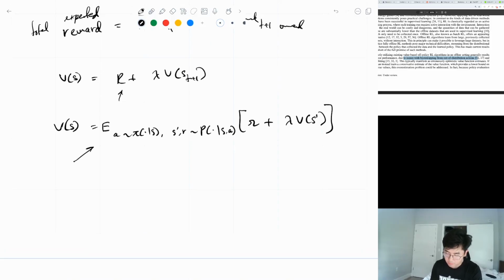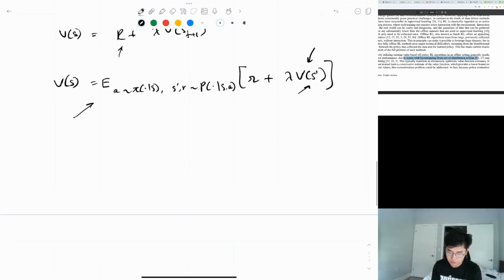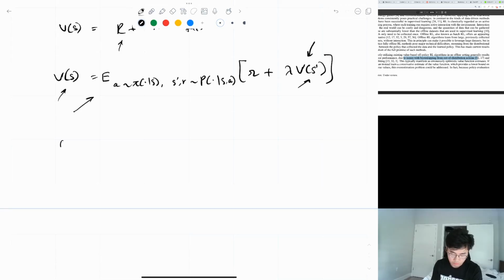In bootstrapping, we're directly going to use v of s prime, as opposed to expanding out this term and doing a Monte Carlo where you go through the full depth of the tree. Right now this is a pure value function; we want a state-action value function. It's the same equation, but you do still need to sample from your policy.